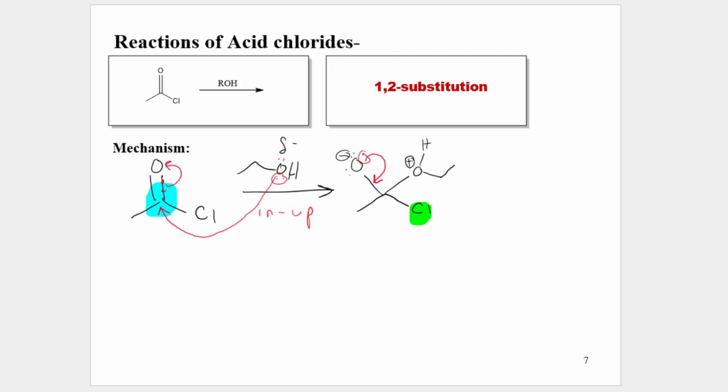They're going to come right back down and kick off the good leaving group in a down-out part of the reaction. And this is my description. I call this the in, up, down, out reaction. I like having ways to describe what we see. And yes, the chlorine has gone away.